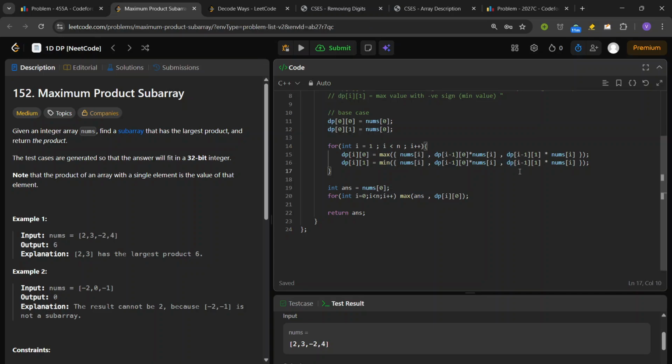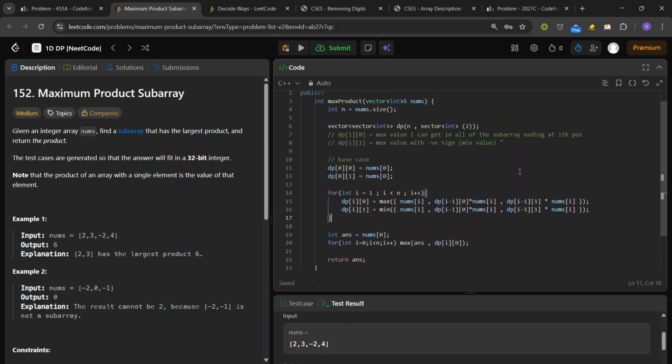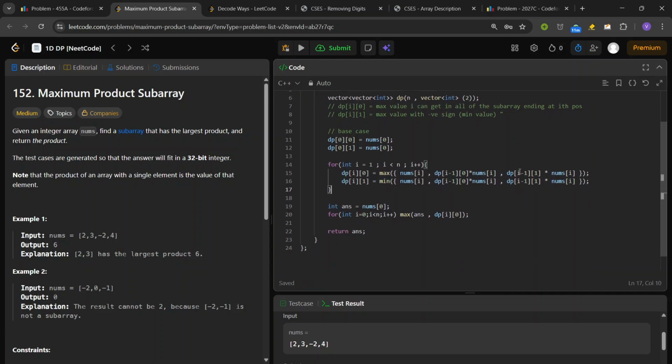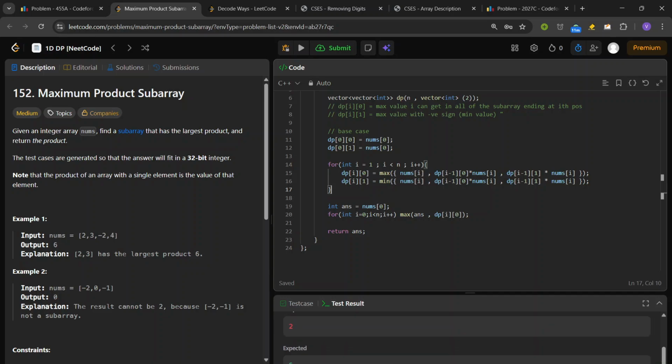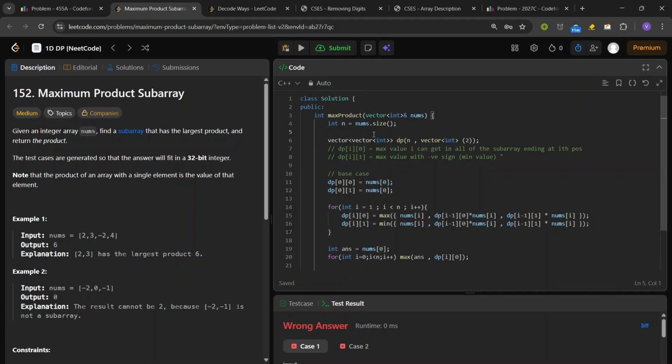Now to see what the problem is in this case, the answer is 2 here. Let me just see here. I can't find my problem in this case.